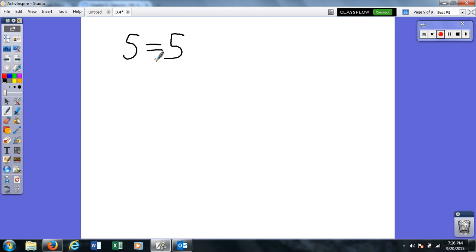Well, if we look at something like 5 equals 5, no matter what x, y, and z are, that's going to be true. So it doesn't matter in this case if that's what you end up with when you try to solve your system of equations. If all the variables drop out and you get a true statement, then that's just a system of equations that will always be true. It will have infinitely many solutions.